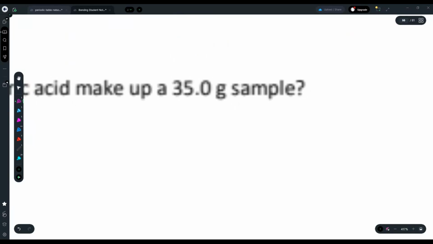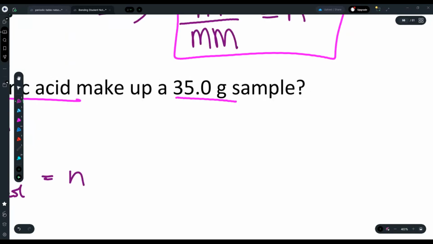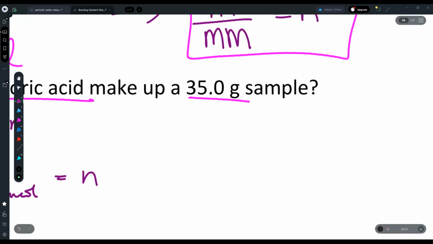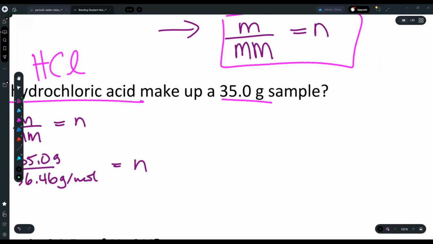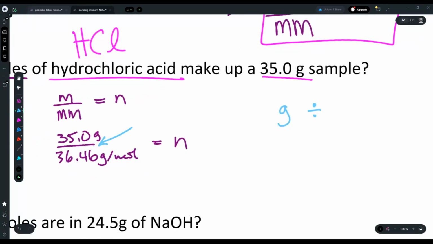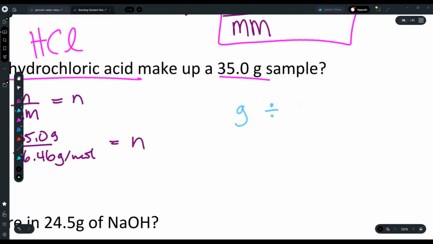If you're wondering how the units cancel out here, let me write this off to the side. This will get demonstrated again when we use unit analysis. But if you want to know right now, I'm just going to pay attention to units, not the numbers. We have grams divided by grams per mole.